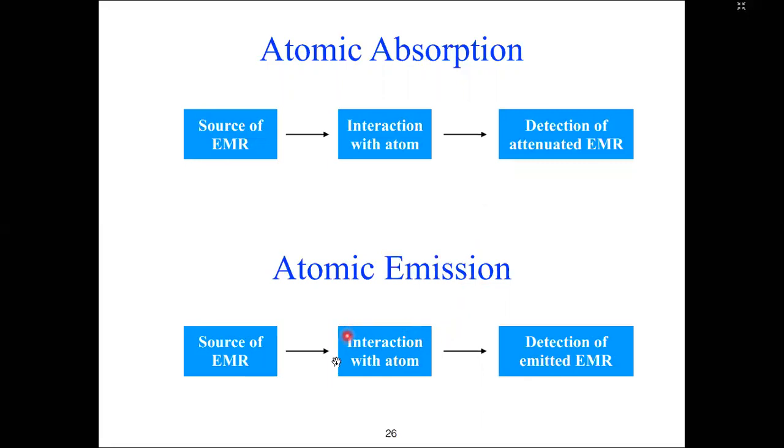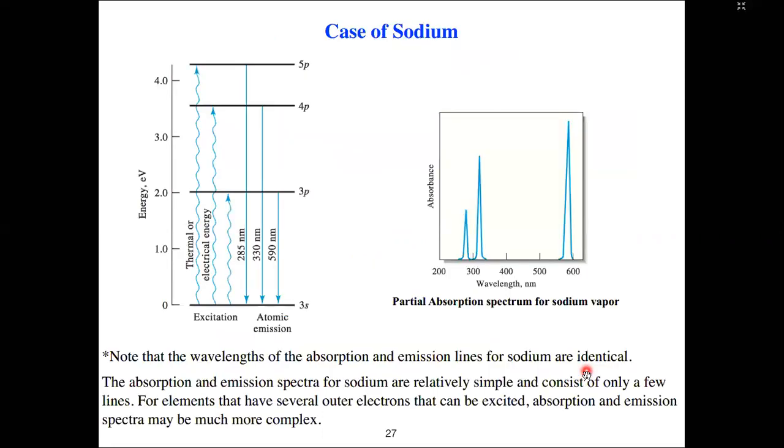Here, first the atoms are excited. That is not measured though. What is measured is when those excited atoms come back to ground state. That is two steps: excitation and then emission. Again, the difference is that attenuated EMR is detected in one and emitted EMR is detected in the other.